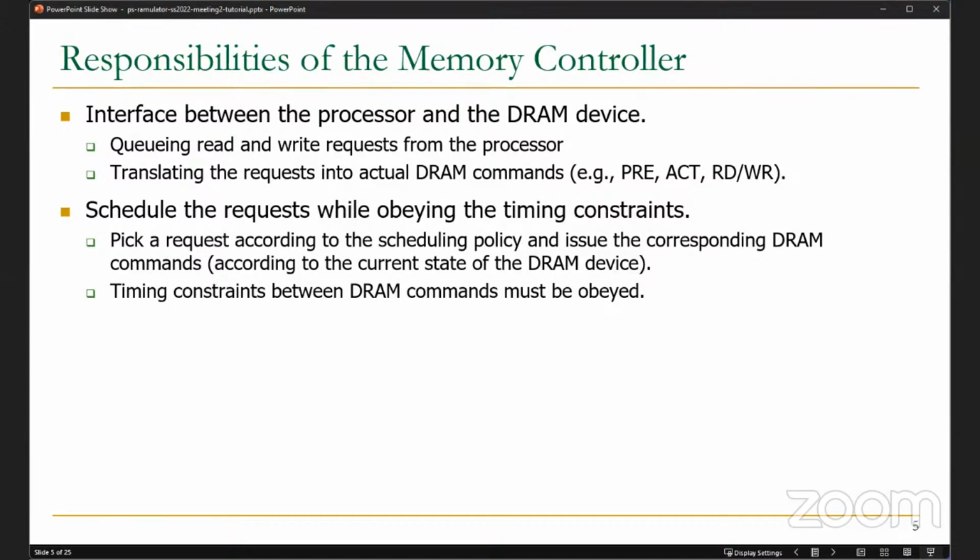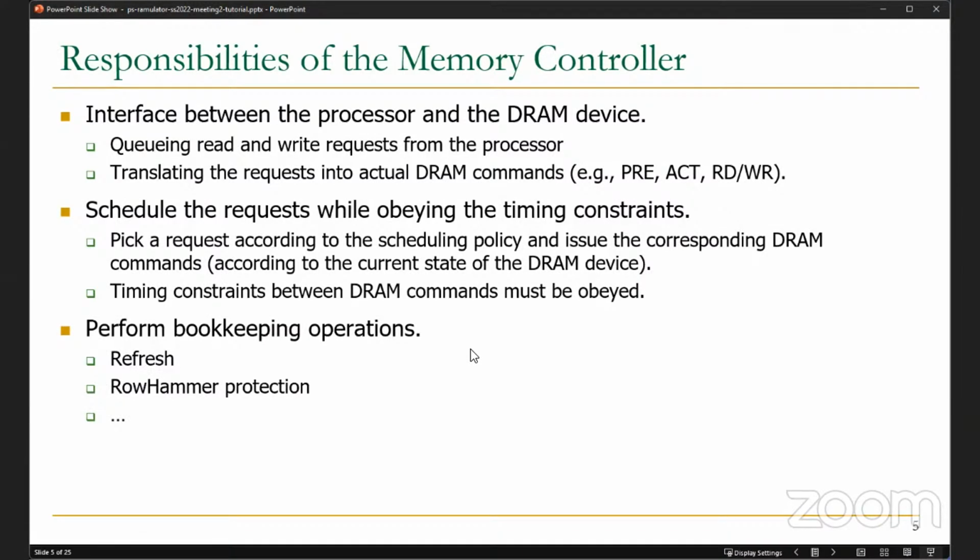In order to schedule the request, the memory controller will choose the request according to the defined scheduling policy, and then it will issue the corresponding DRAM command that is required to complete serving the request according to the current state of the DRAM device. And while it's doing all this, the timing constraints between these DRAM commands must not be violated.